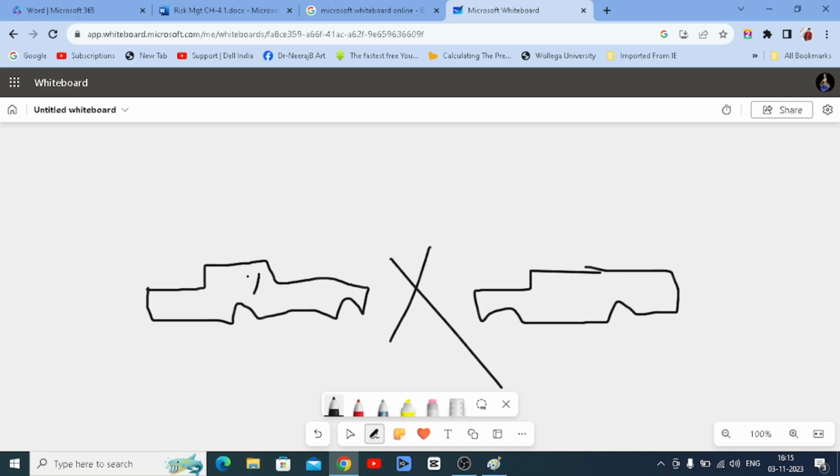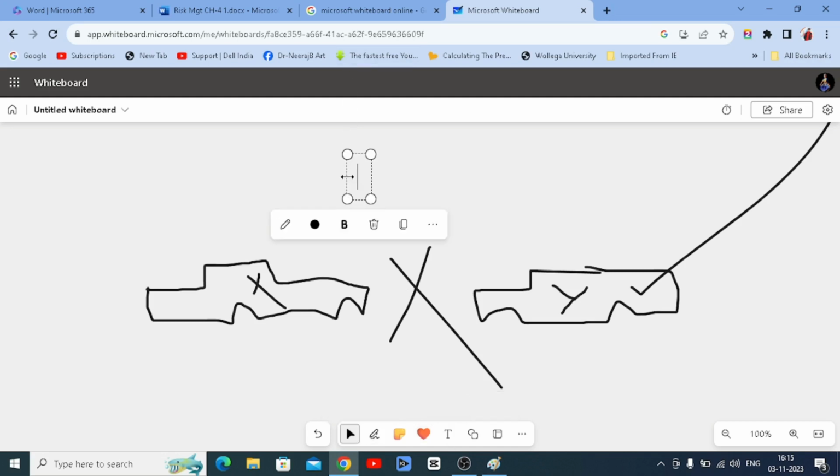This is the car of Mr. X and this is the car of Mr. Y. Whose mistake is it? It is a mistake of Mr. Y. Now, how much is the damage? Damage is 50,000 USD.